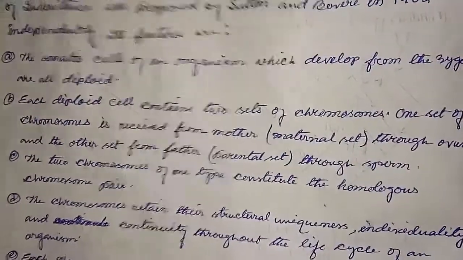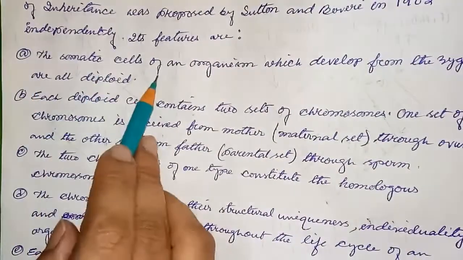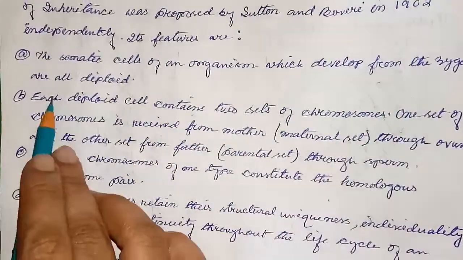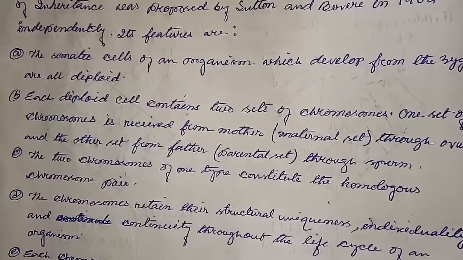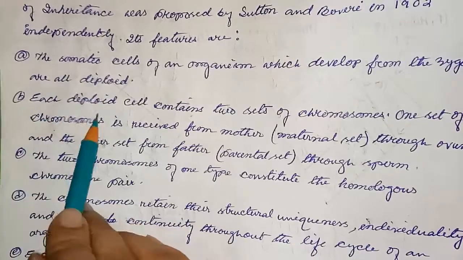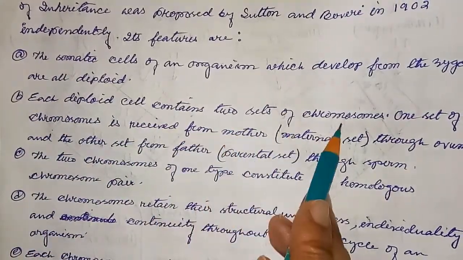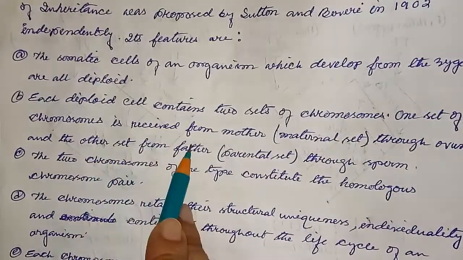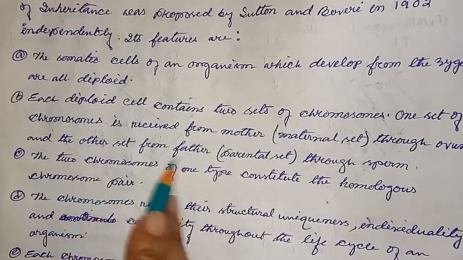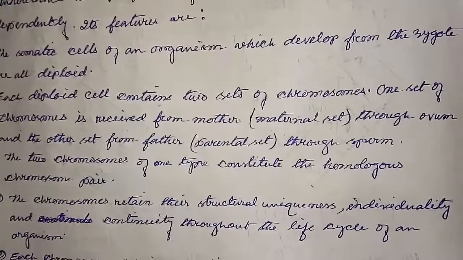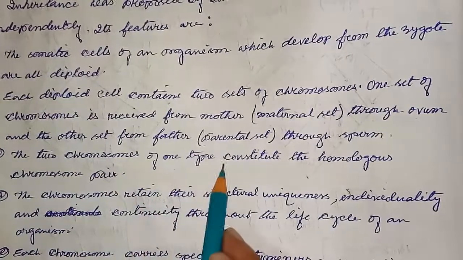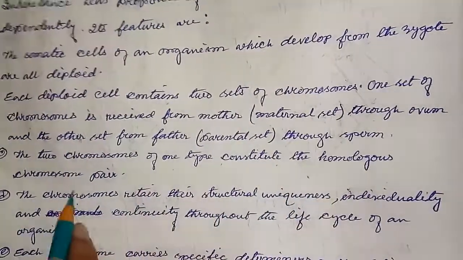So its features are: the somatic cells of an organism which develop from the zygote are all diploid. Next, each diploid cell contains two sets of chromosomes. One set of chromosomes is received from the mother, that is the maternal set, through the ovum, and the other set from the father, that is the paternal set, through the sperm. Now, the two chromosomes of one type constitute the homologous chromosome pair.